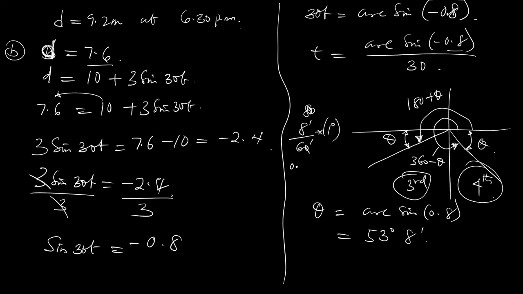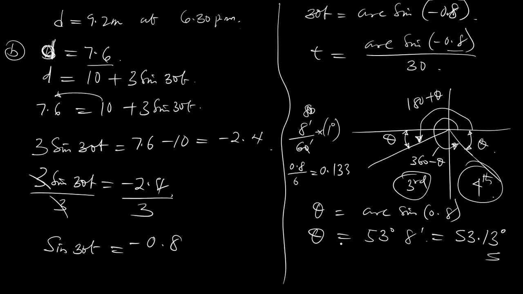Dividing 8 by 60 gives 0.1333. So this implies that this is 53.13 degrees.